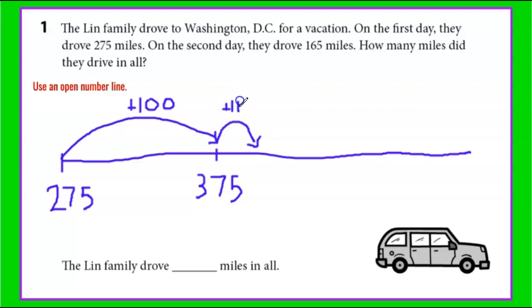So 375 plus 10 is going to be 385, plus another 10 is going to be 395. I'm going to write 395 so I don't lose track of what I'm doing.